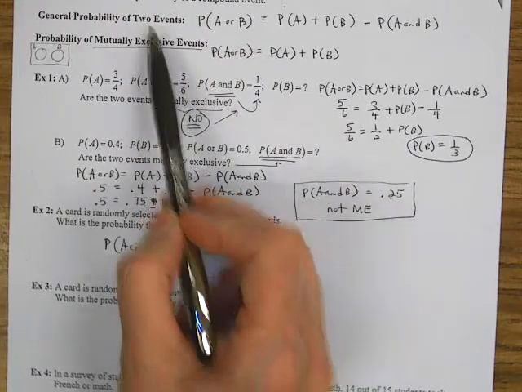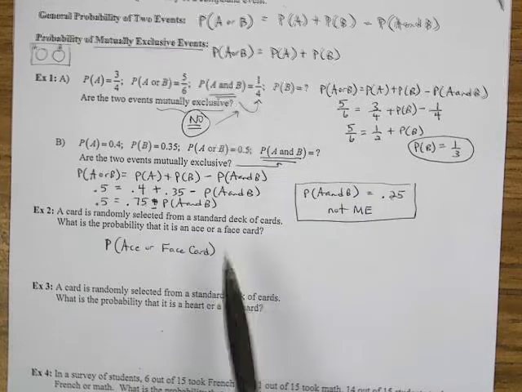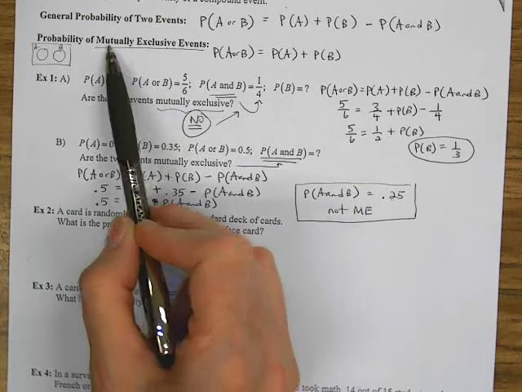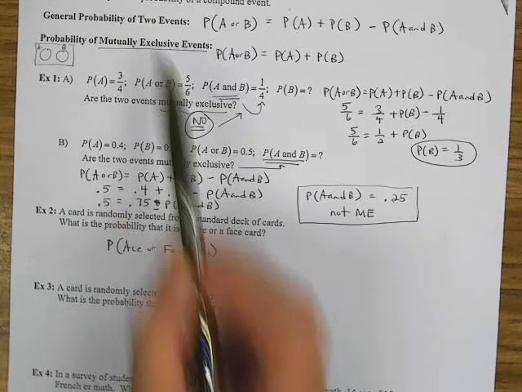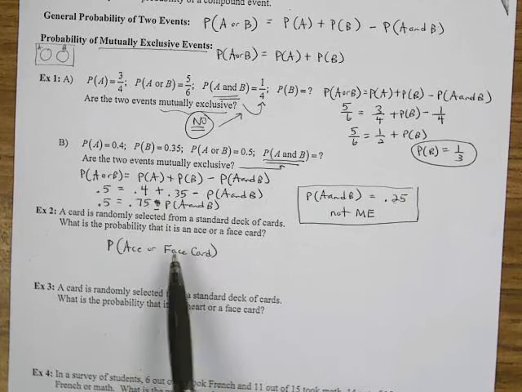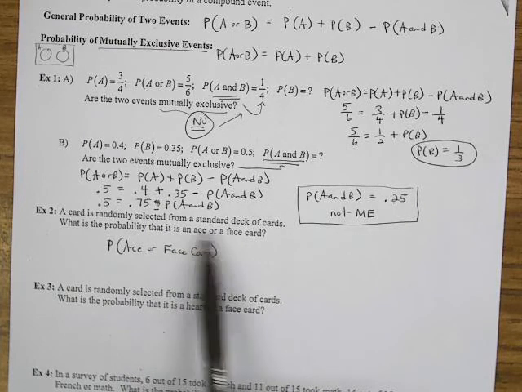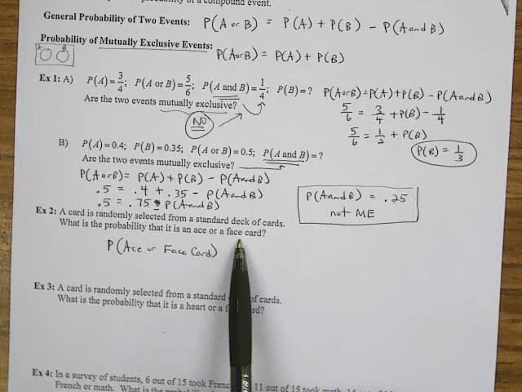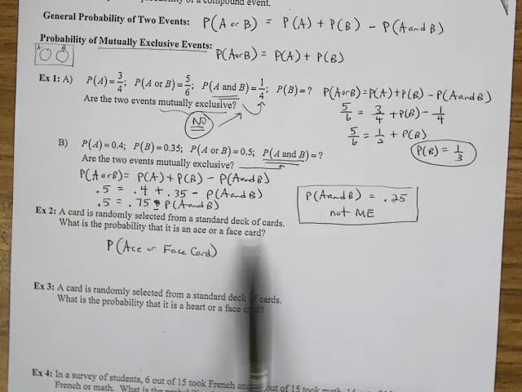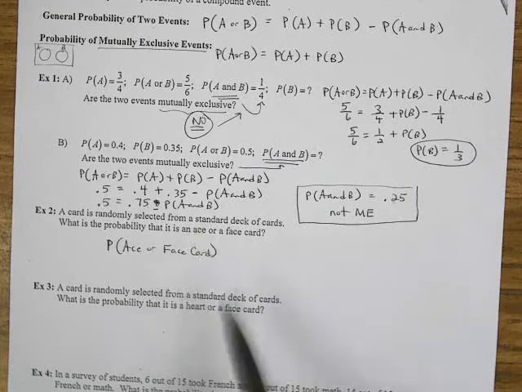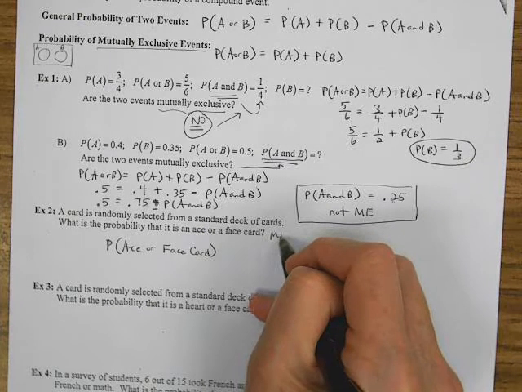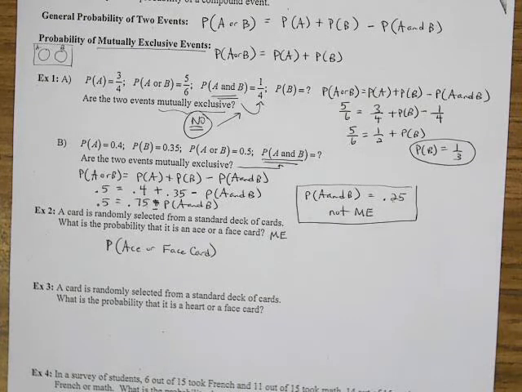Do we need the general, or can we use the mutually exclusive? So what we need to determine to figure out whether they're mutually exclusive is, is there any overlap? Is there a possibility that an ace could also be a face card? Well, hopefully you realize that's a no. Face cards are jacks, queens, or kings, and none of those could be ace cards. So in this case, that means they are mutually exclusive, right?